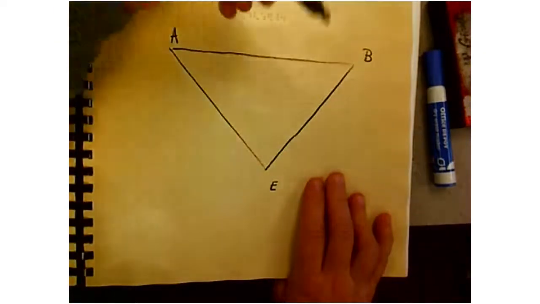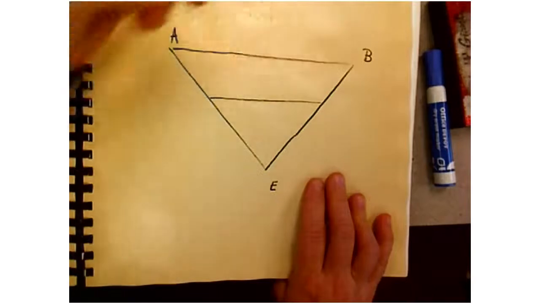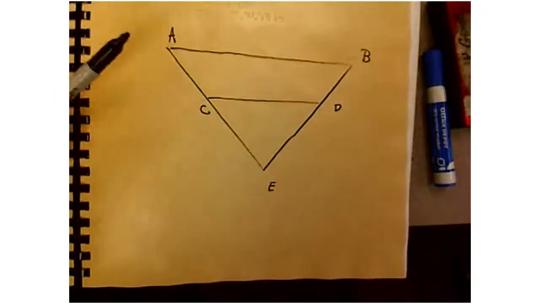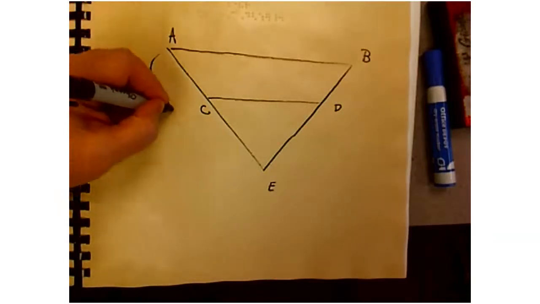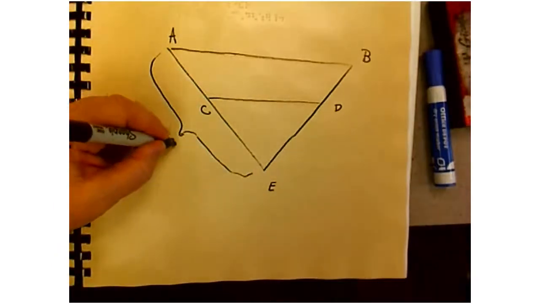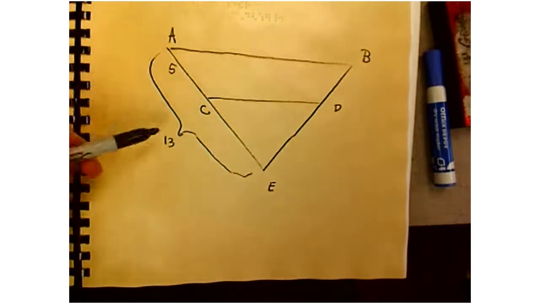And then there's a line running through the midst of it east to west through points D and C. And they're saying the entire side AE, there's a bracket pointing out to it saying that that is 13. And then from A to C is 5.